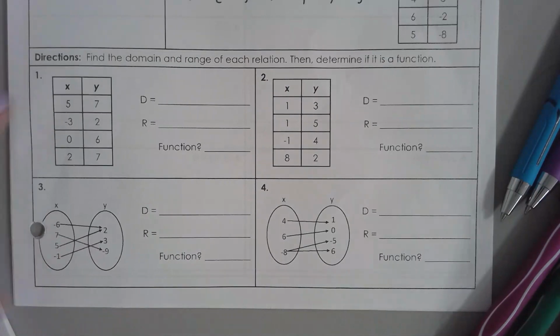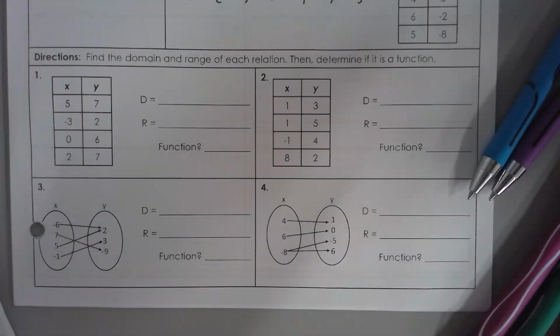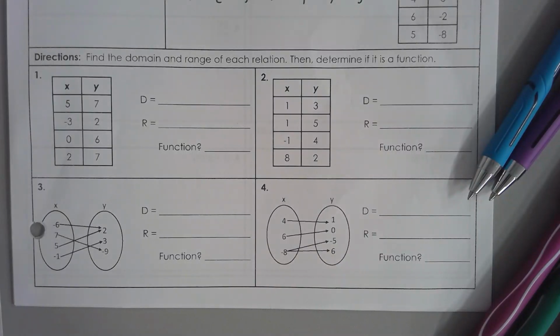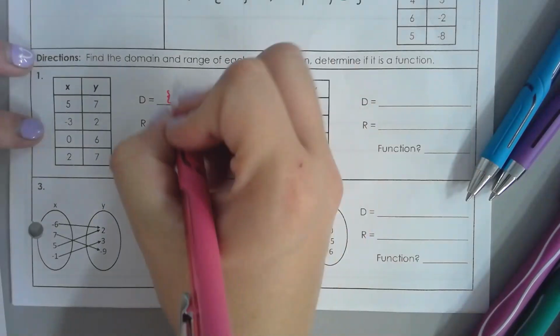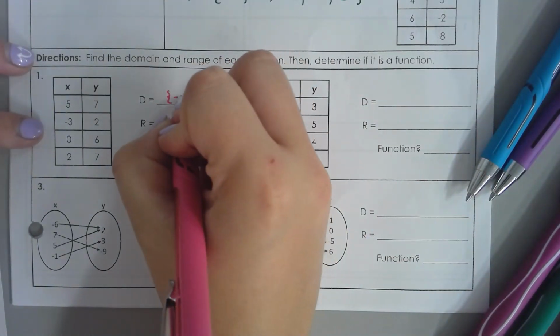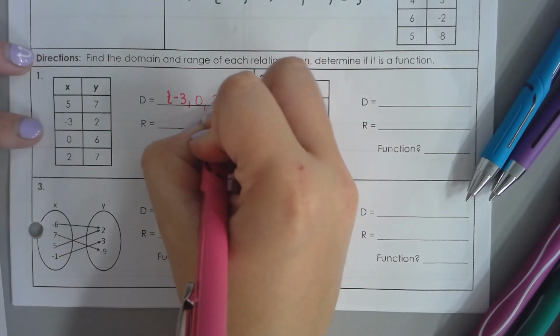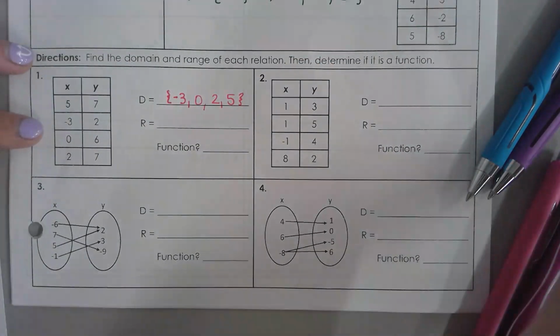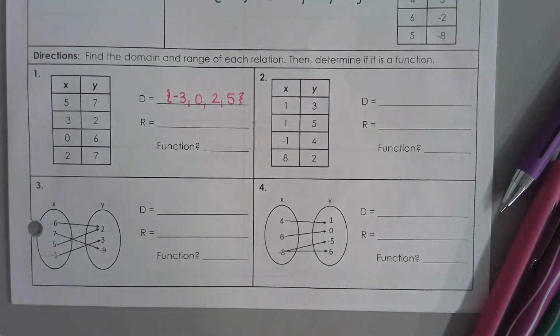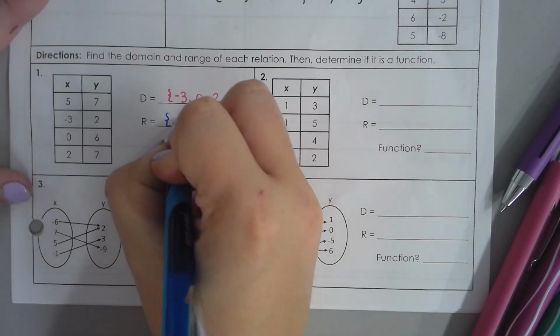Alright, so number 1, I want the domain, Aiden, for number 1. The domain: -3, 0, 2, 5. Perfect. Alright, what is the range? Clayton. 2, 6, 7. Perfect.